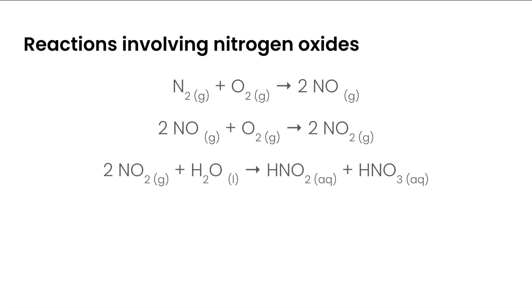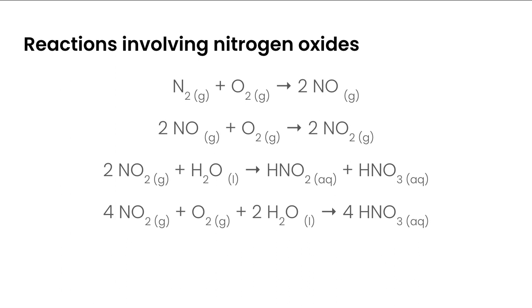That nitrogen dioxide then reacts with water and can form a mixture of HNO2, which is nitrous acid, and HNO3, which is nitric acid. You can also have NO2 further reacting with oxygen and water to also produce nitric acid. Those are just some of the reactions, but it's the production of nitrous or nitric acid that will result in that precipitation, or wet deposition, that has a pH of less than 5.